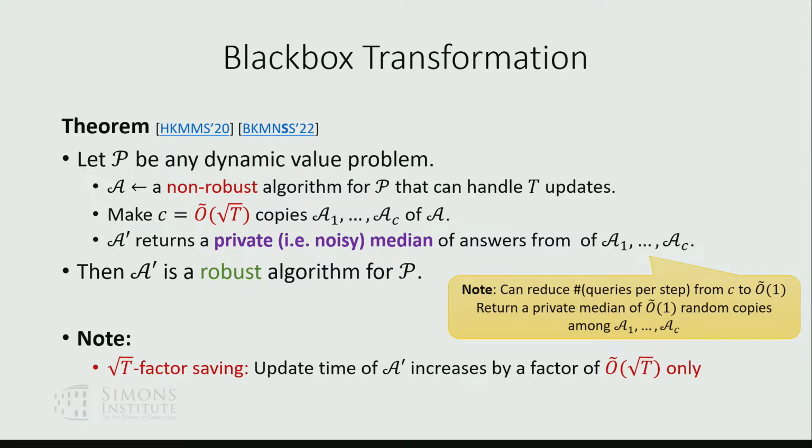For example, Mikhail mentioned that he has an algorithm for returning approximate min cut using this black box together with this idea. You get an approximate min cut algorithm with update time something like n to the 3/4. So something sublinear, but it's going to be slower.